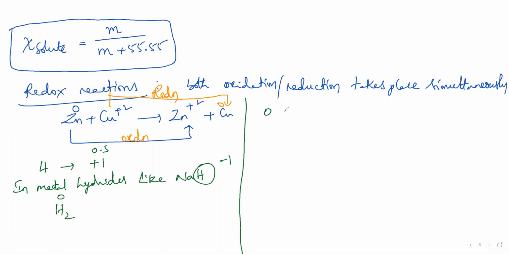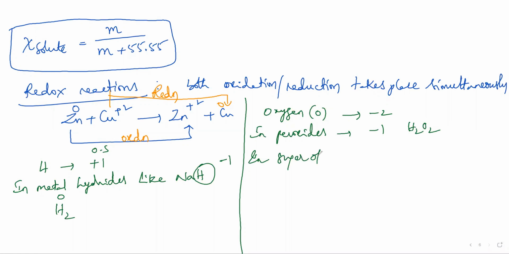Now let us suppose oxygen. The common oxidation state is -2. But in peroxides it exhibits -1, like H2O2. In superoxides it is -1/2, example KO2.